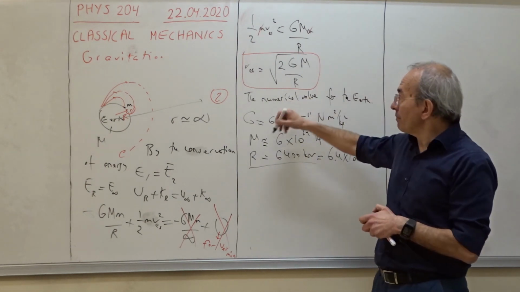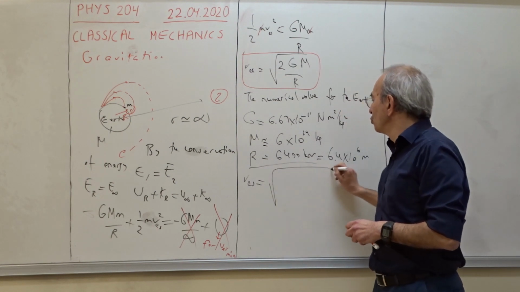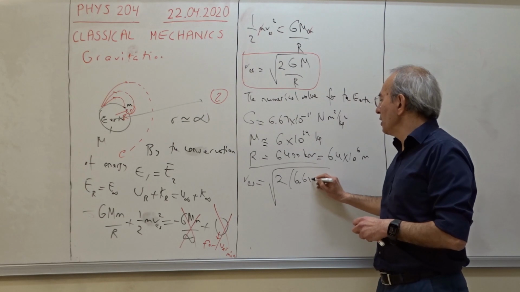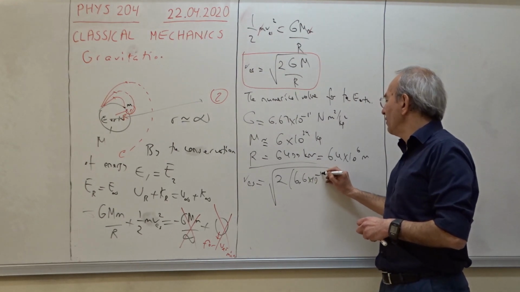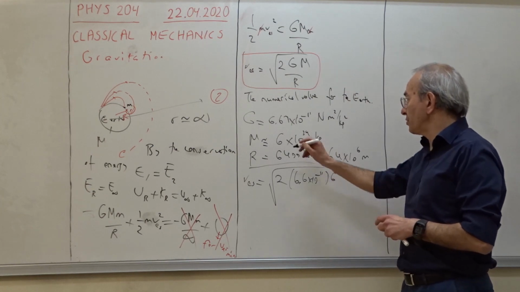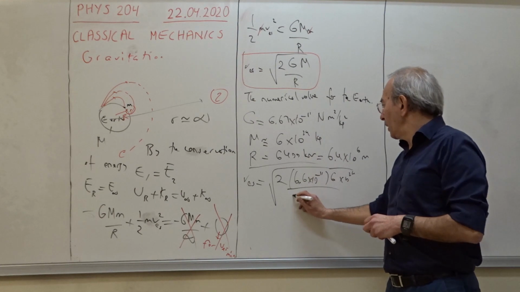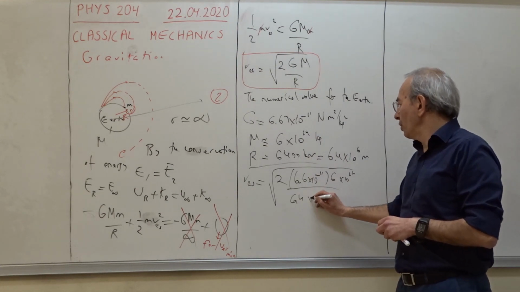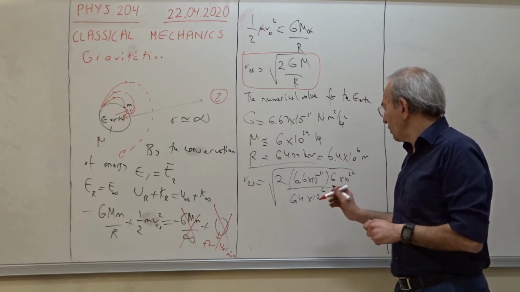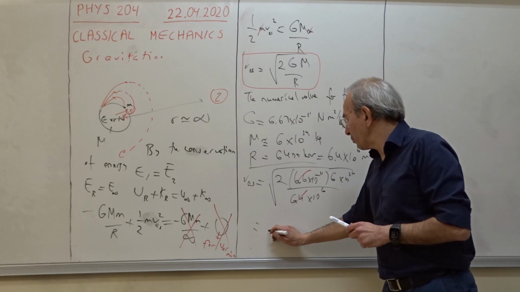So if you put them in the equation we obtained, V escape is simply root of twice 6.6 for the G, 10 to the minus 11, times the mass of the Earth, which is again another 6, 10 to the 24, divided by another 6.4 times 10 to the 6. So there are some cancellations. For example, these 6's may cancel approximately.